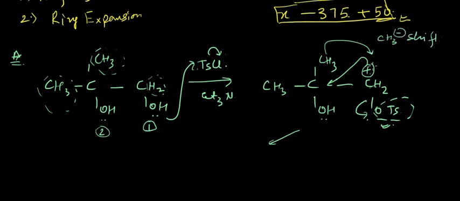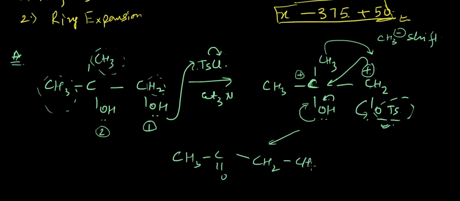As a result, this carbon atom would be getting positively charged. And as a result, the lone pair of the oxygen atom will be forming a double bond with this carbon atom, and this hydrogen would be removed from this oxygen atom. So what would be the final product? It would be something like this.